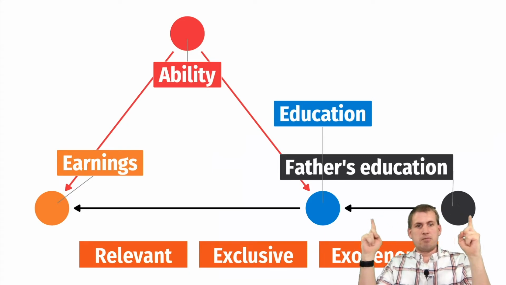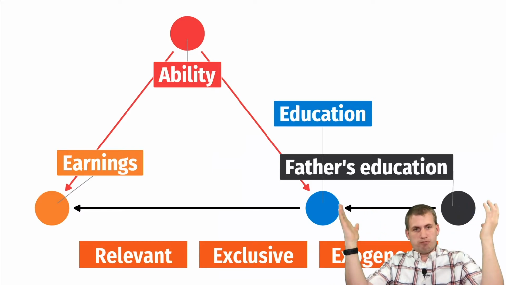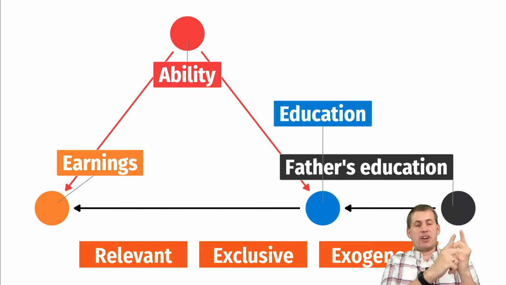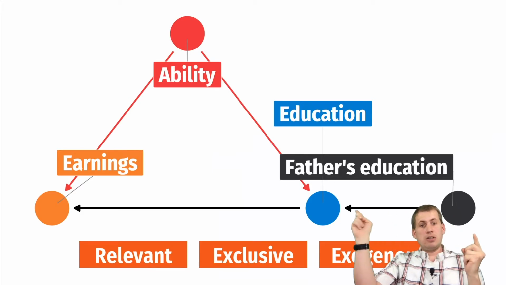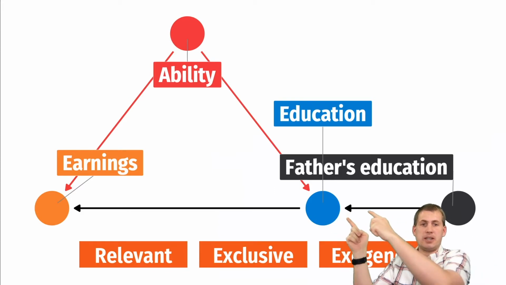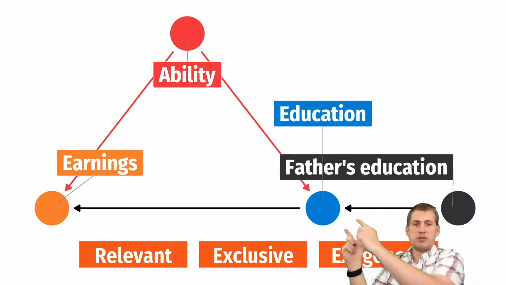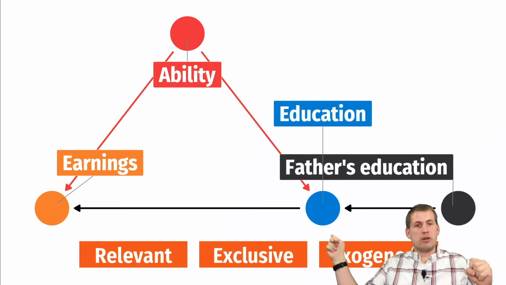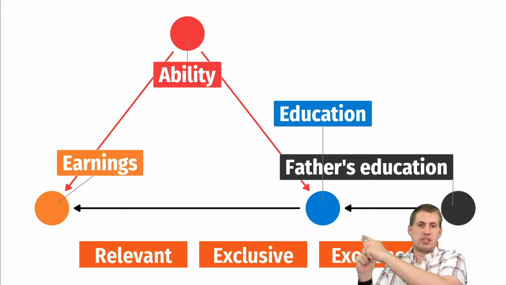There's a direct causal effect there, which arguably there is. Exclusivity means that father's education is linked to earnings, your outcome variable, but only because it goes through education. There's no other path between your parents' education and your earnings. It's only because of education here.